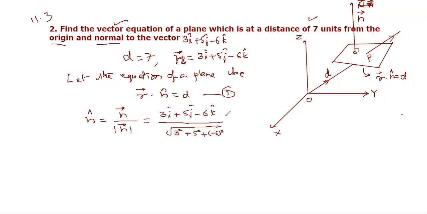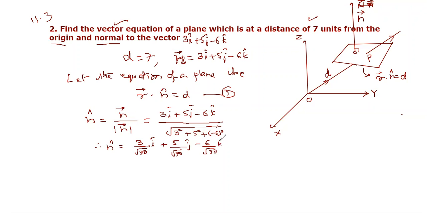So this will be 70, and we get under root 70. So n cap is equal to 3 by under root 70 i plus 5 by under root 70 j minus 6 by under root 70 k, in the resolved form.